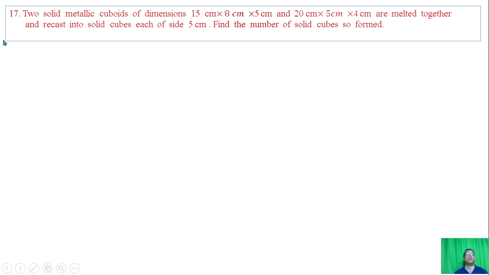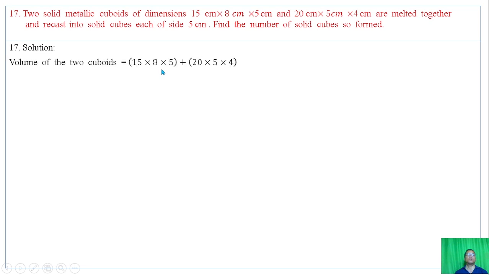Question number 17. Two solid metallic cuboids of dimensions given are melted together and recast into solid cubes, each of side 5 centimeter. Find the number of solid cubes so formed. Volume of the two cuboids is l b h plus the other.